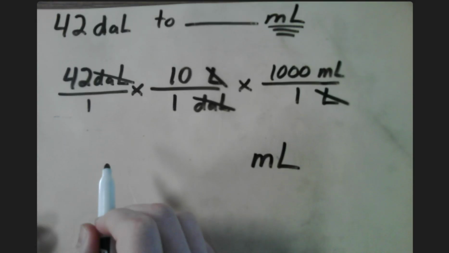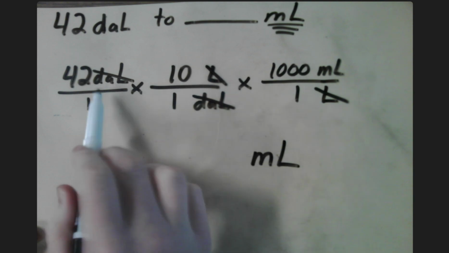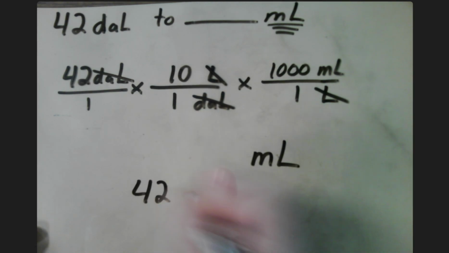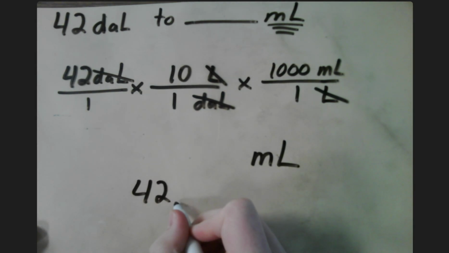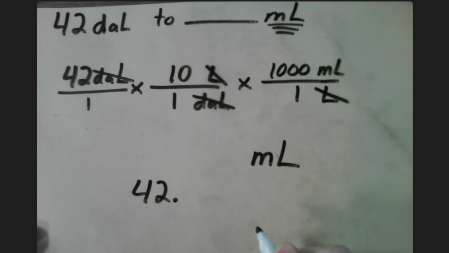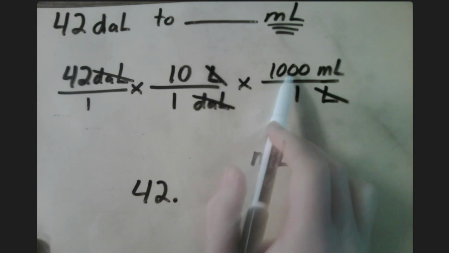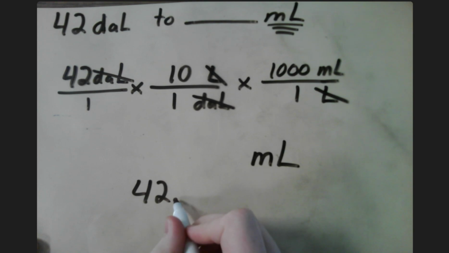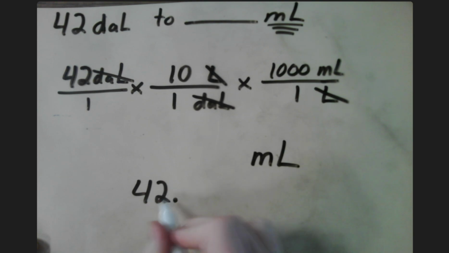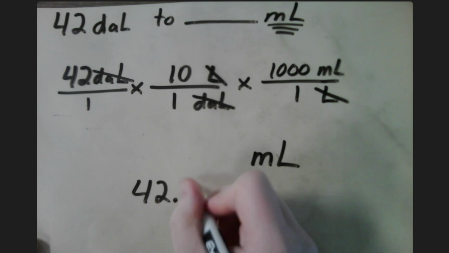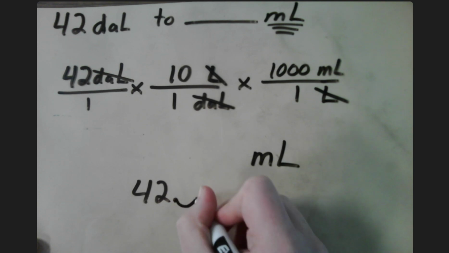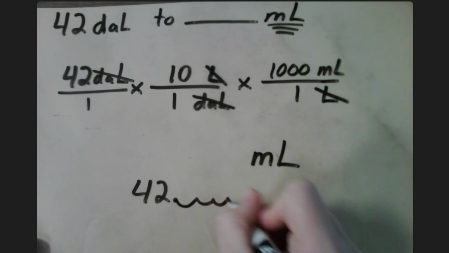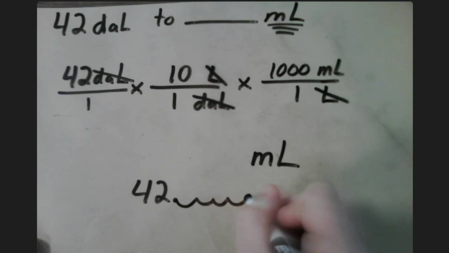There's an easy way to do the multiplication, at least for the zeros. Right now we have 42 and our decimal is there. We just go the number of zeros. And when we're multiplying, this number needs to be bigger. So we're going to go 1, 2, 3, 4. And that's where our decimal is going to be.